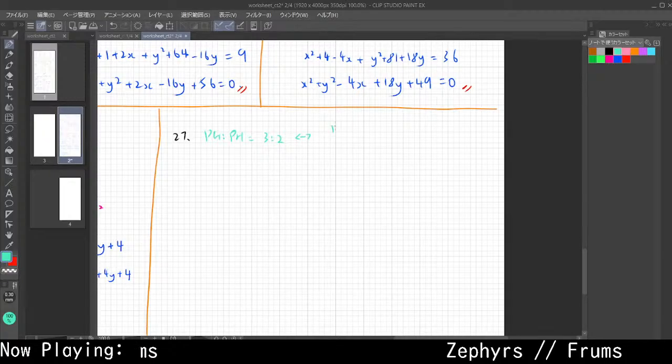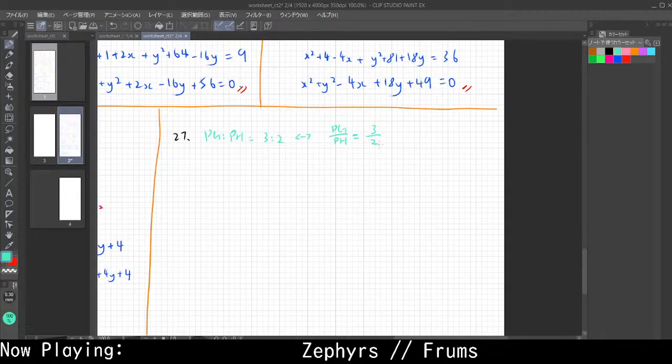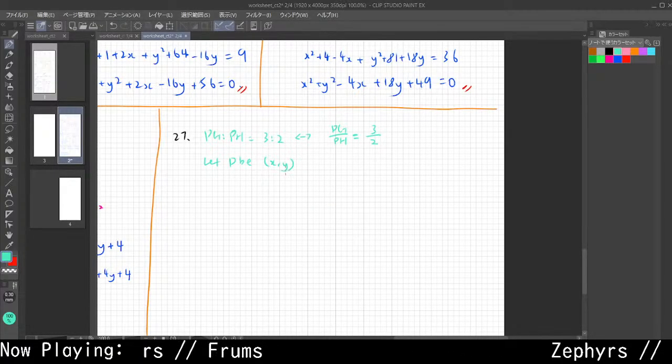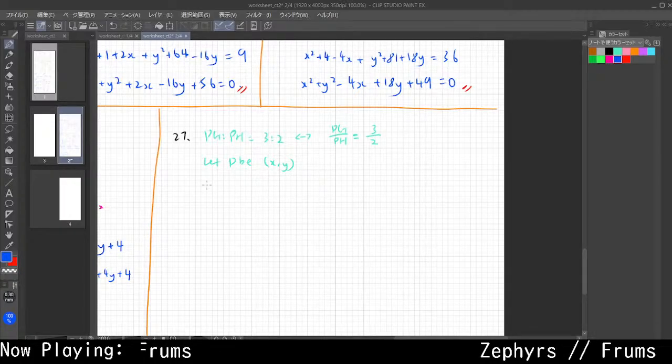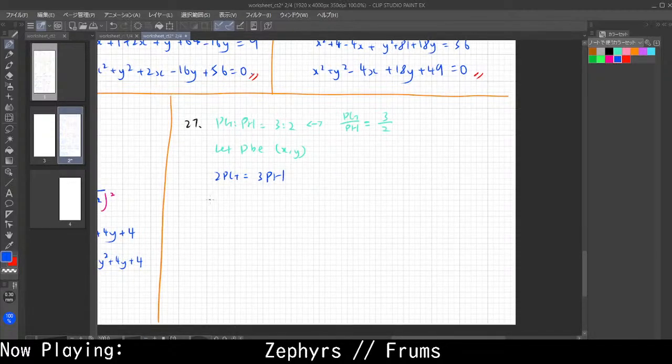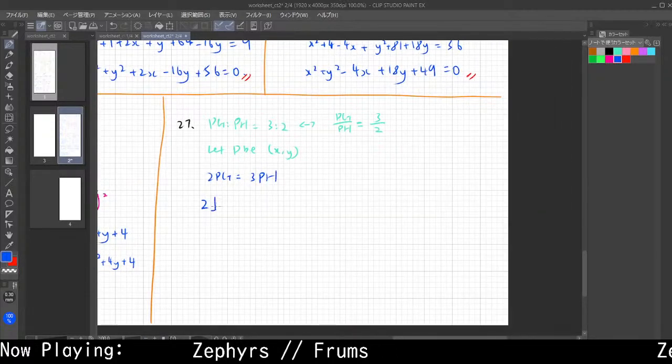Means if I take PG over PH equal to 3 over 2, then I can cross multiply. Let P be (x, y). So cross multiply: 2PG equals 3PH. Then I do the same thing.